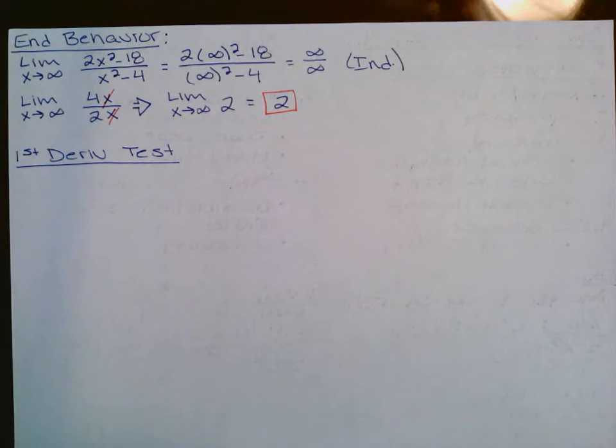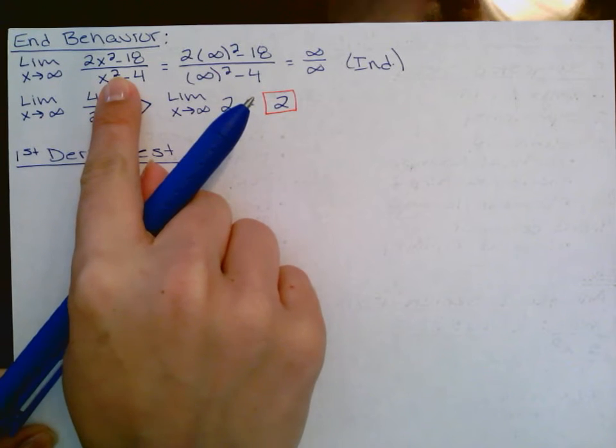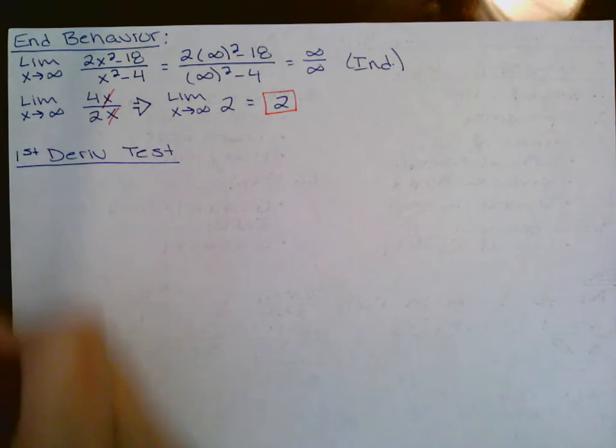So my first derivative test says to complete, obviously, the first derivative. Let's use this same function that we had written here. Again, you could use the one without the 2 distributed, same thing.